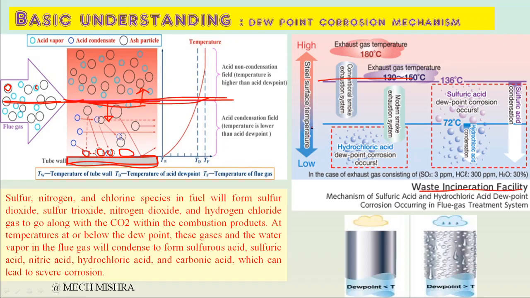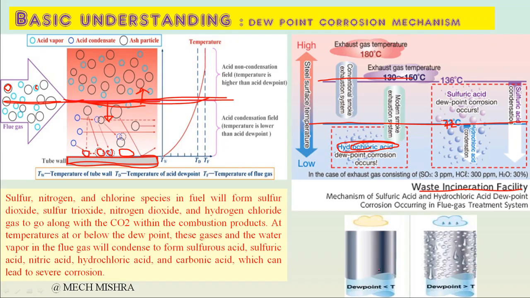But when the temperature gets below the dew point temperature, we have to calculate for the specific stream what the dew point is. When it goes below, at lower temperature the water vapors get condensed, and the hydrochloric acid, which was earlier vapor, also condenses, and that will cause corrosion of the metal.